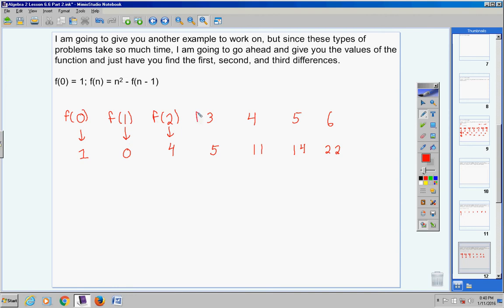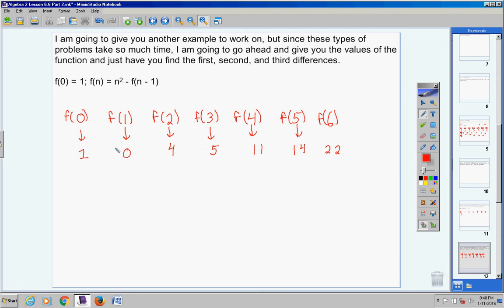And you should know how to do this. So I've done all the work for you already. And there's your first 7 values. And by the way, there's no magic number about using 7 values. You don't have to use 7, but it's a good number to use. It gives a pretty good view of what we're dealing with, okay?